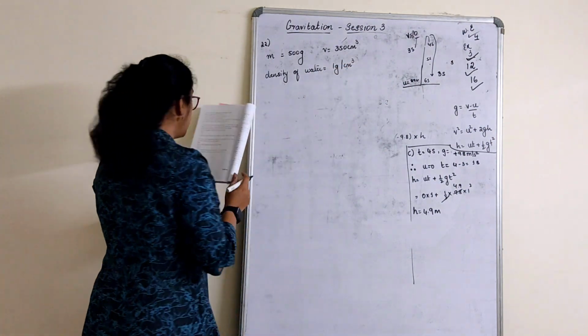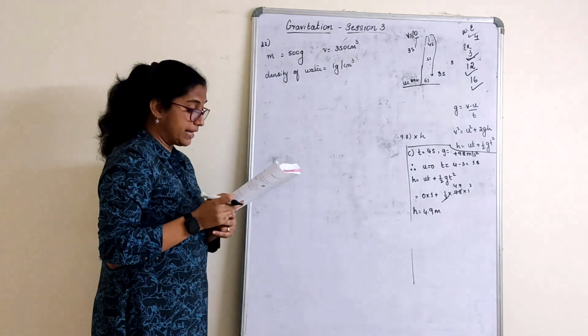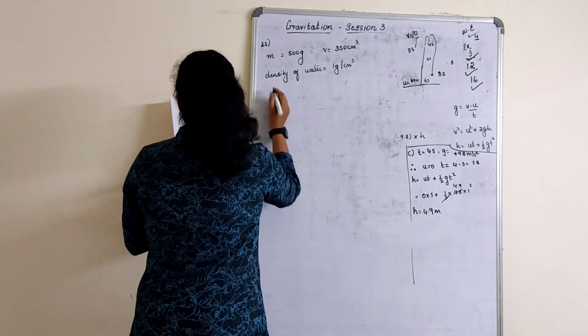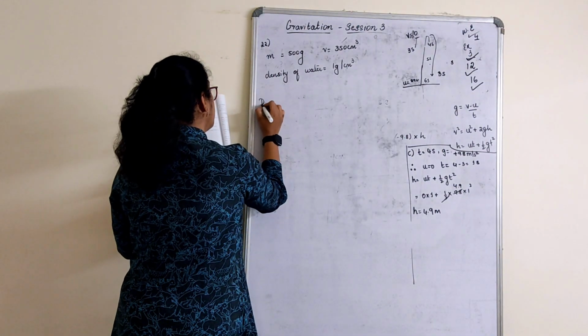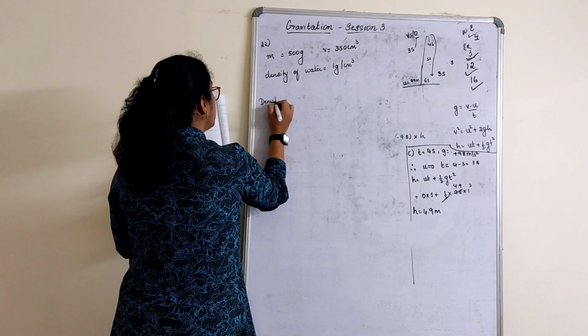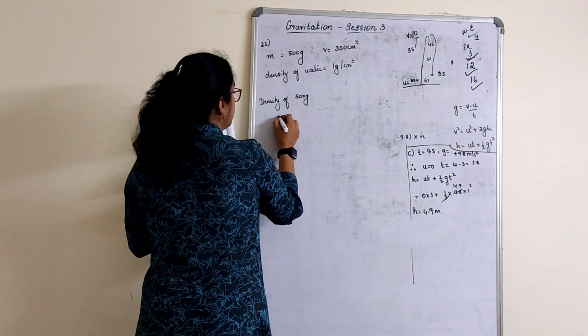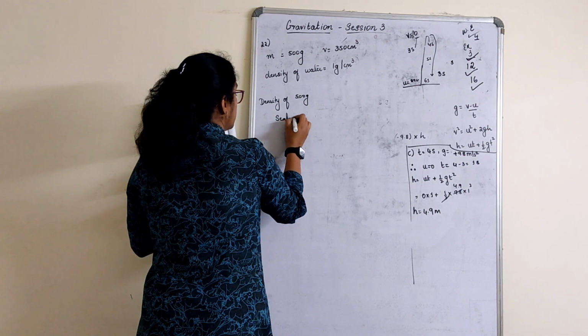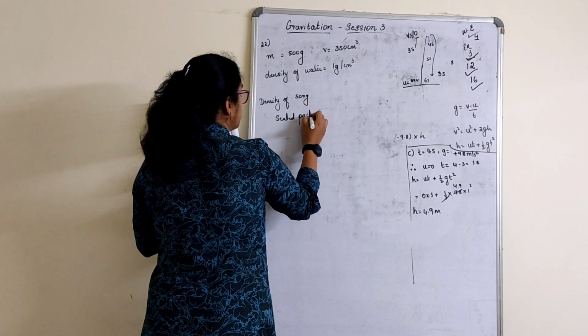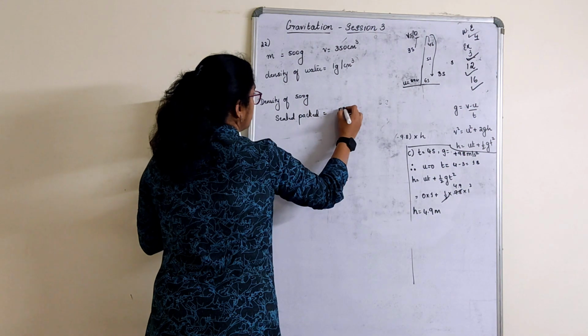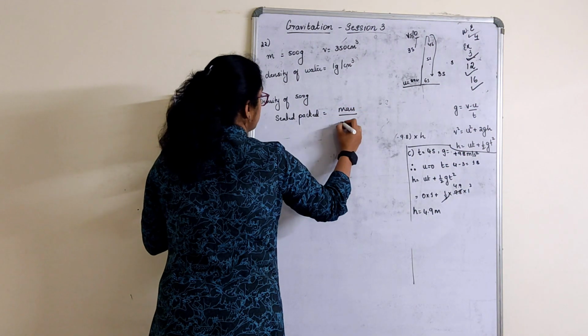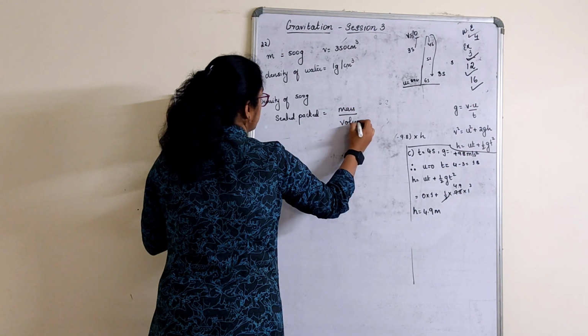What will be the mass of water displaced by this packet? Now first of all, let's find density of 500 gram sealed packet, which is equal to mass by volume.